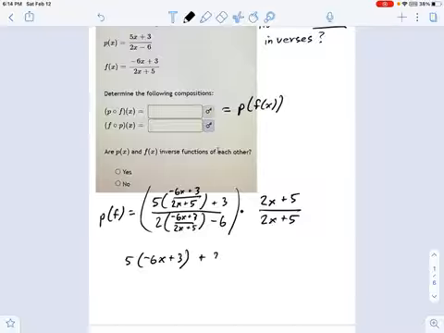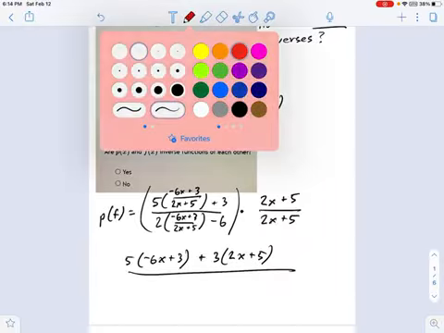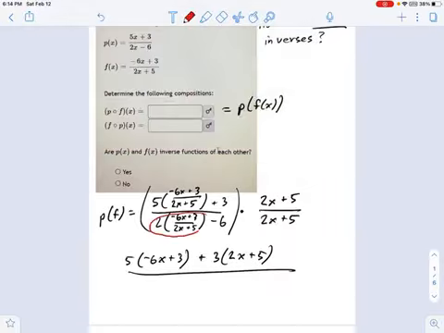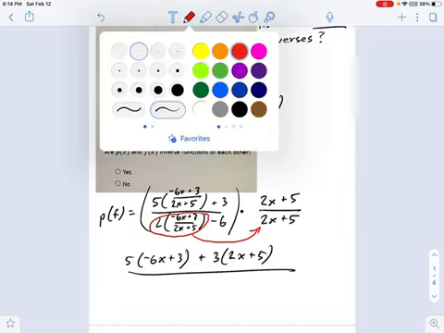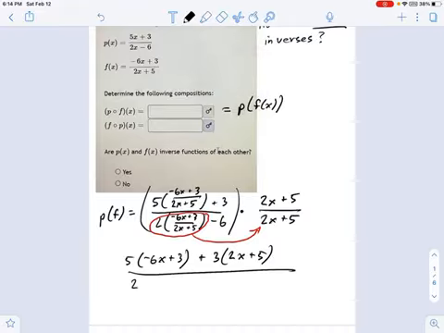It's just 3 times 2x plus 5. And then on the bottom left, I'm going to multiply that against 2x plus 5. It cancels out the little denominator, and all I get is 2 times negative 6x plus 3. The 2x plus 5's cancel out, and on the right of the bottom, I have minus 6 times 2x plus 5.